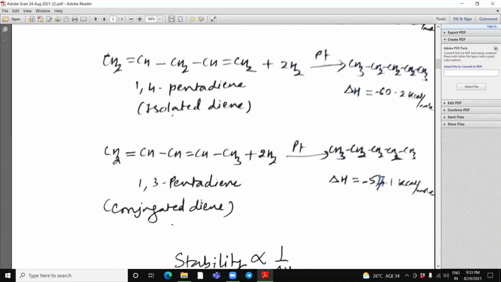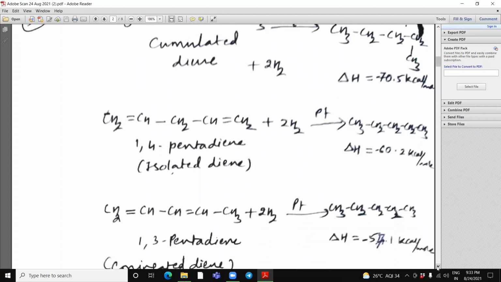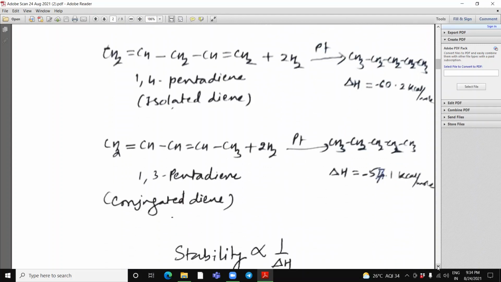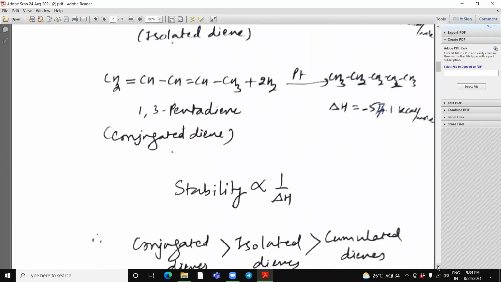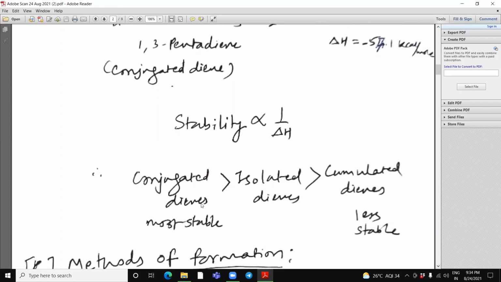So it is more stable compared to isolated dienes and compared to cumulated dienes. So on the basis of heat of hydrogenation, we can calculate the stability of the alkadienes. Conjugated dienes are more stable than isolated dienes, and then cumulated dienes are less stable.